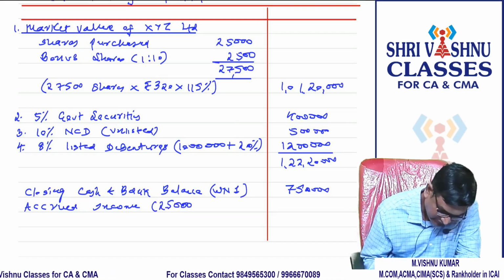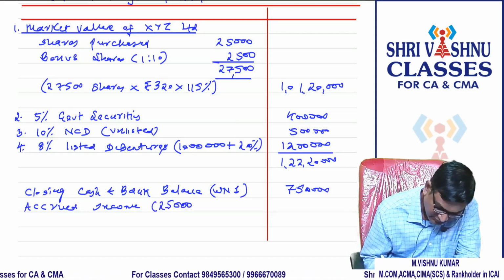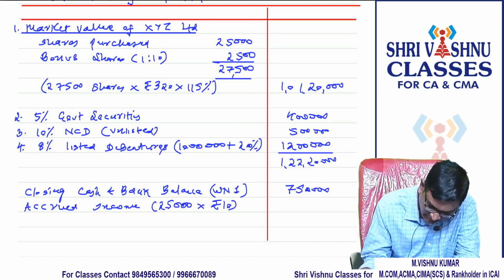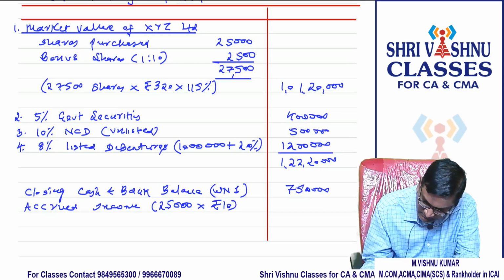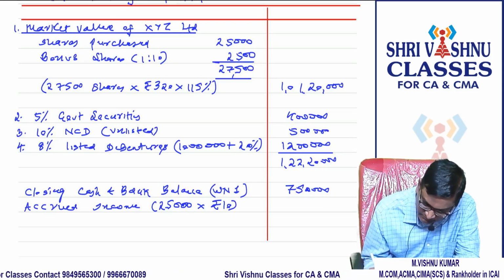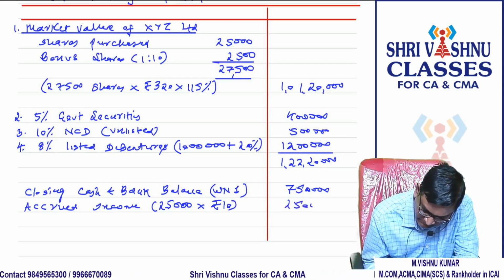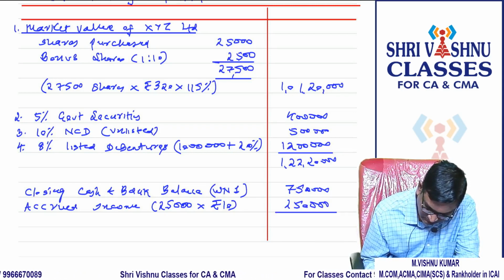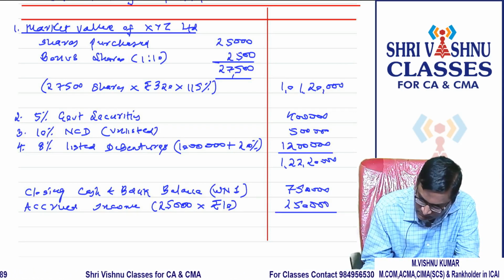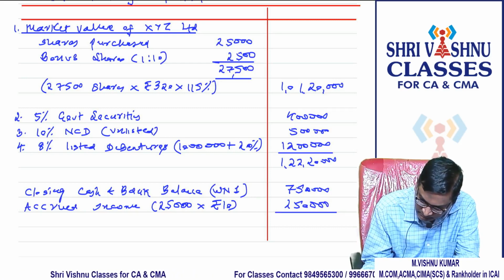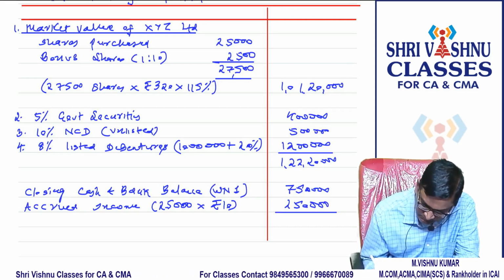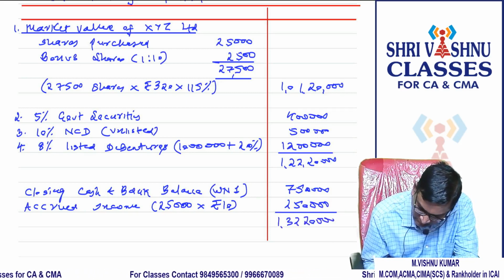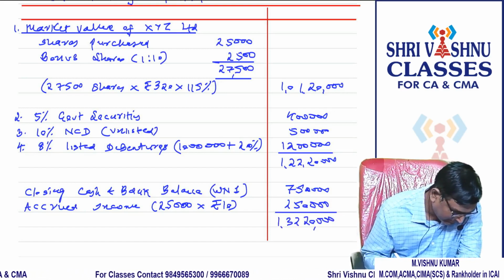How many shares? 25,000 shares at 10 rupees. Total 1 crore 20. Liabilities are not there.